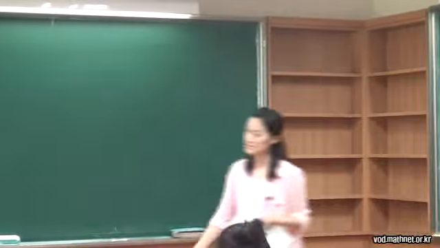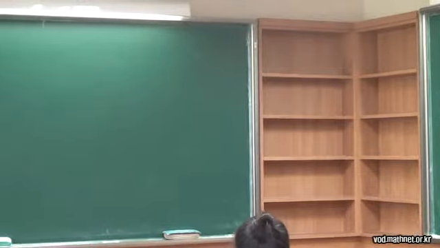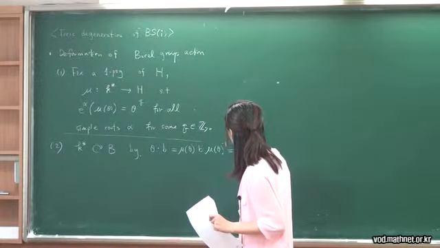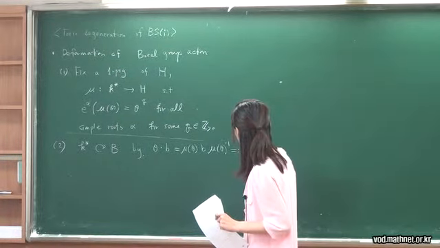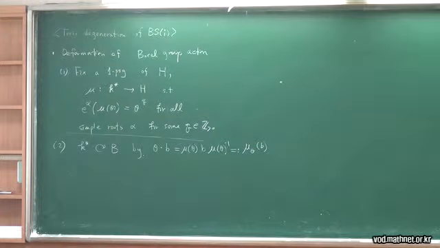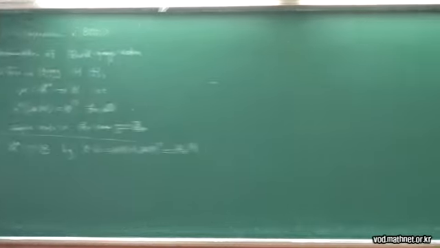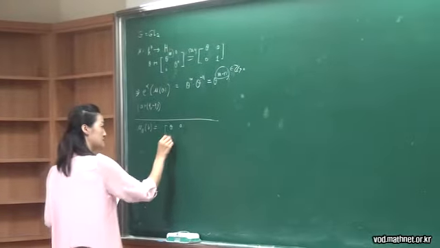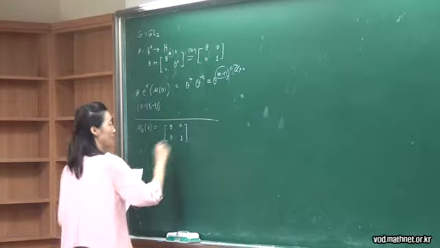Let me introduce a notation: let me denote this as mu theta of B. Here mu theta of B is nothing but the conjugation by theta, diag(theta, 1).